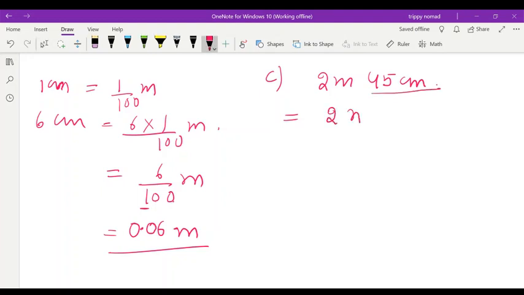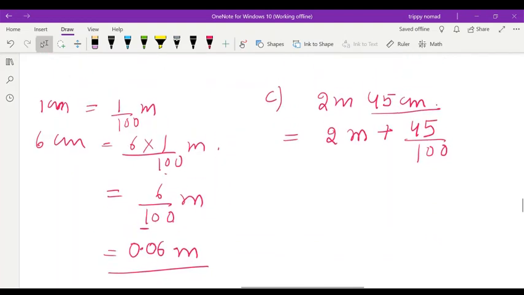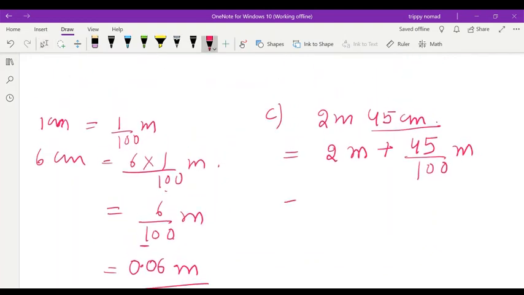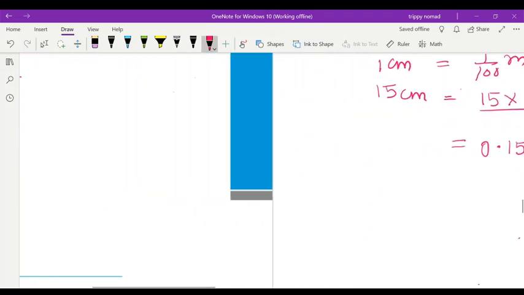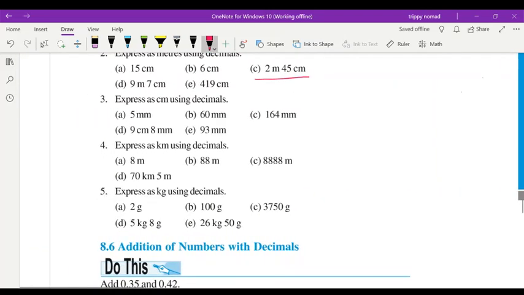This is already 2 meter. And for 45 centimeter, you have learned how to convert: 45 upon 100 will become meter. Here 2 meter plus 0.45 meter, and that means 2.45 meter will be the answer. So you have to convert like that. I hope you understood, children.